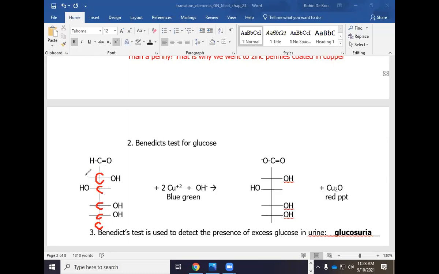Okay. And then people don't feel like drawing the H. You'll get used to this. You will come to appreciate it. People don't feel like drawing all the H's. So we understand they're there.